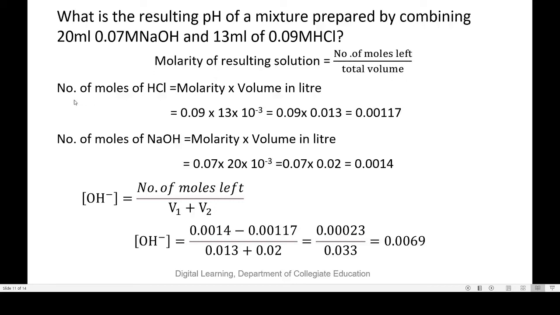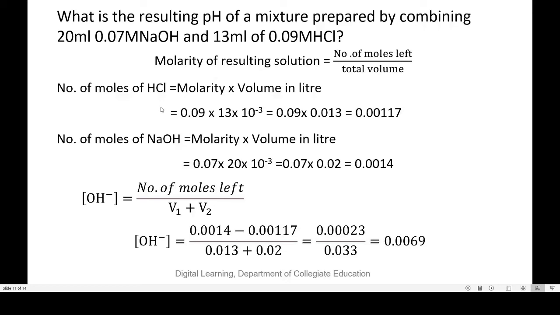Let us calculate the number of moles of HCl, which is equal to molarity into volume in terms of liters. So molarity is 0.09, volume 13. It is 13 ml. So if we express in liters, it will be 13 into 10 to the power of minus 3.